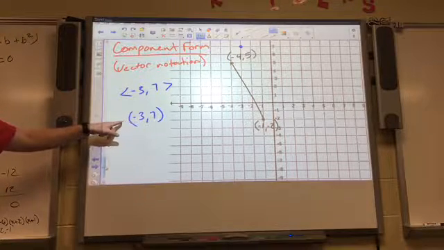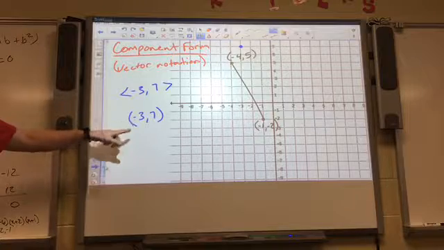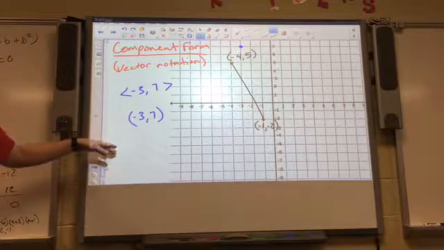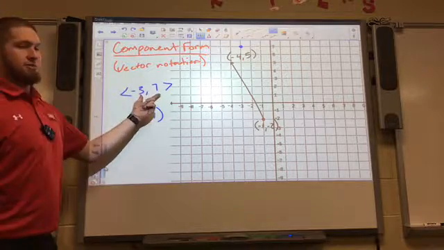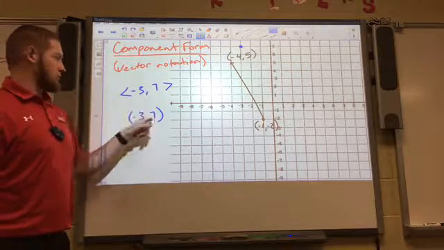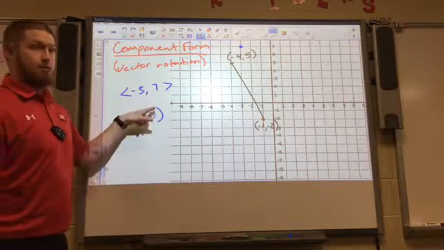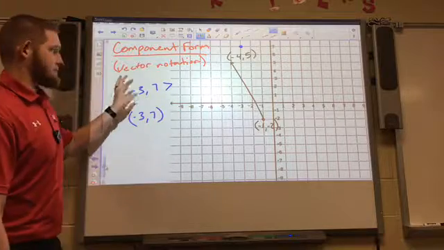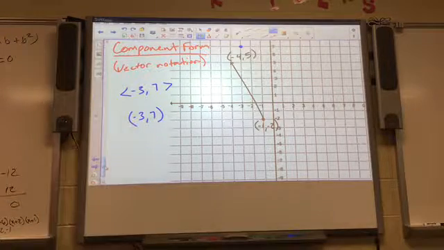Is that wrong? Yes. Even if you have these numbers right, the problem is completely wrong. Because is this anywhere close to this? Visually, just looking at this, yeah, right? But it's not when you put it on a graph. You have to have these brackets, otherwise you're not really even close to the answer. So make sure we understand component form does not have parentheses, it has brackets. Does coordinate form have parentheses? Yes.